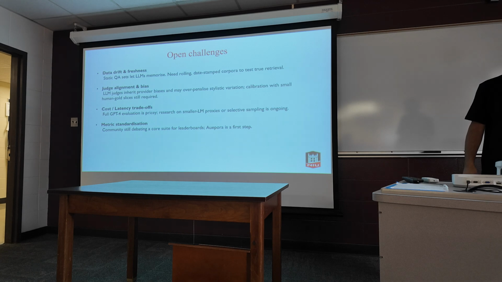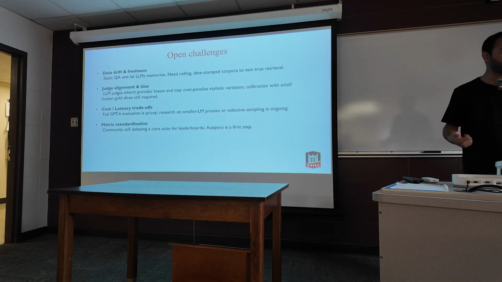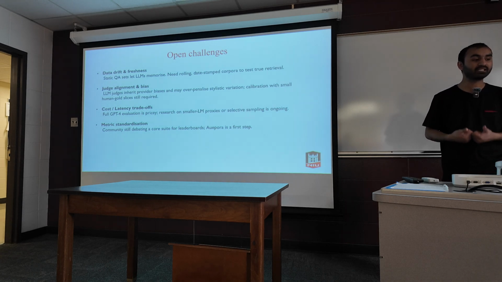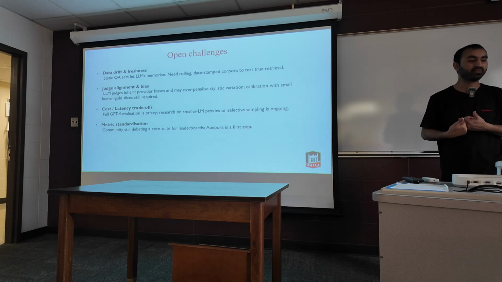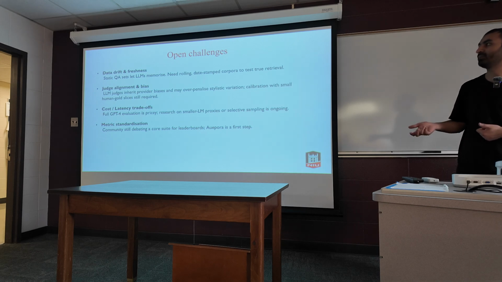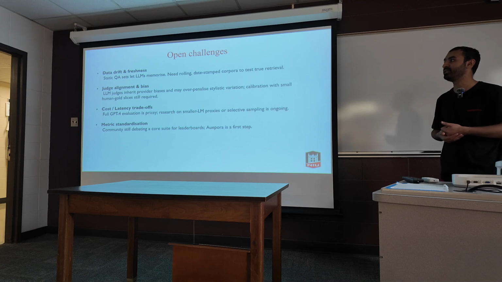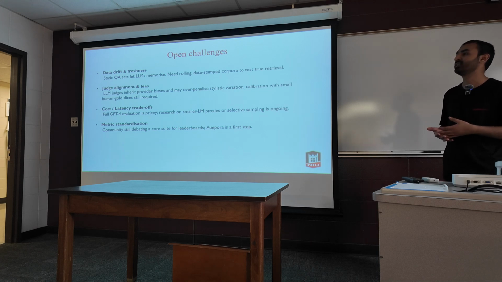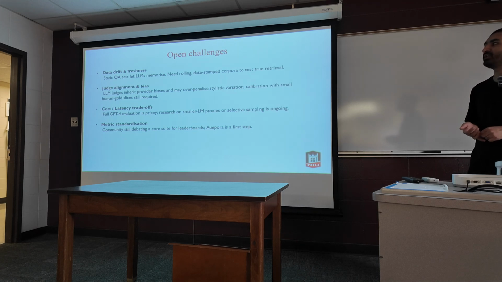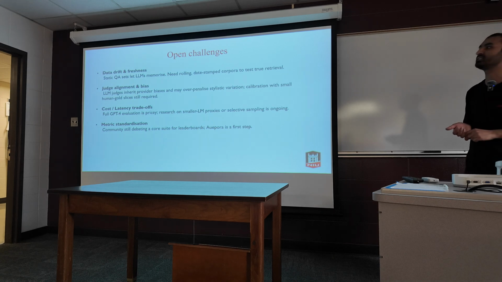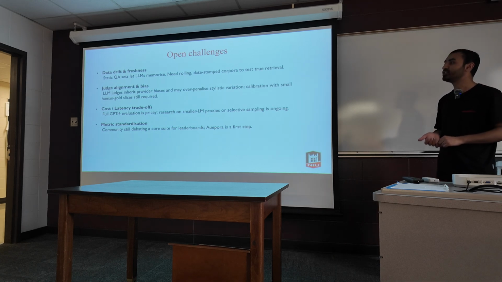There are some open challenges, like judge alignment, which has some bias. Most of the time, in RAGAS or other papers, the measuring relies mostly on the LLM, so maybe the judge LLM has some bias. For example, in the earlier seminar we showed that there are verbosity bias and positional bias.